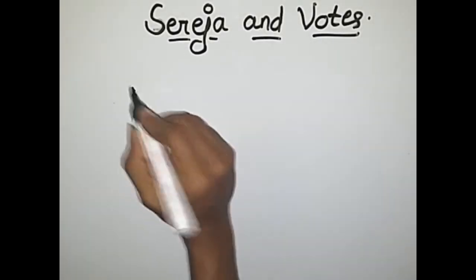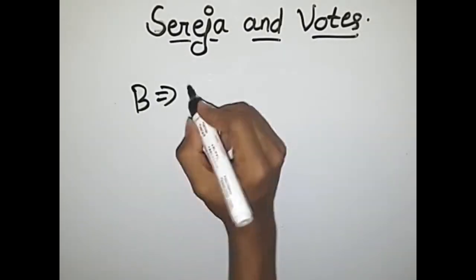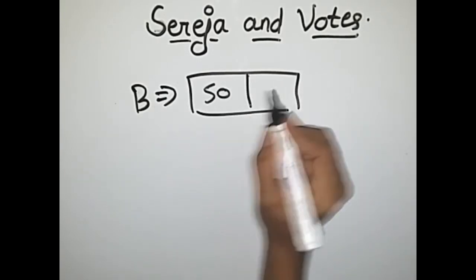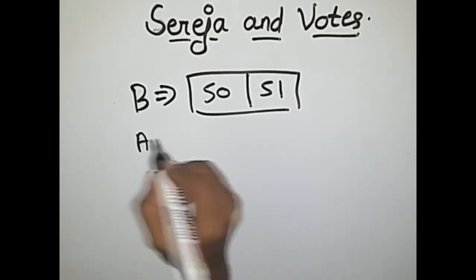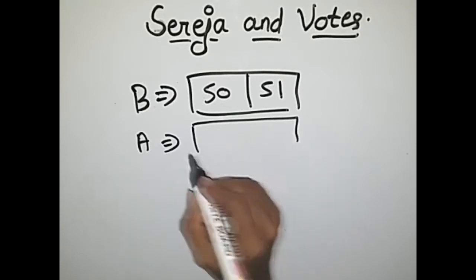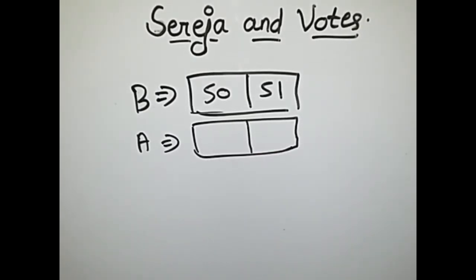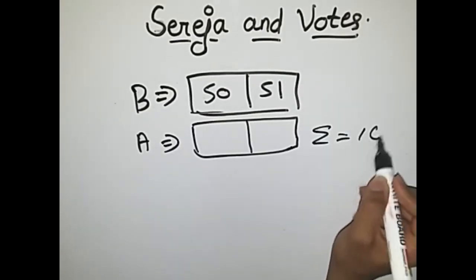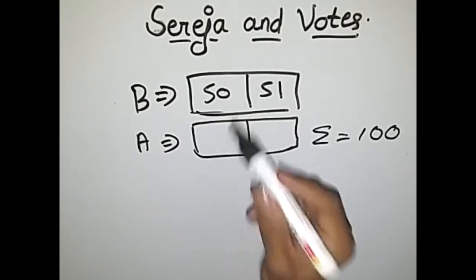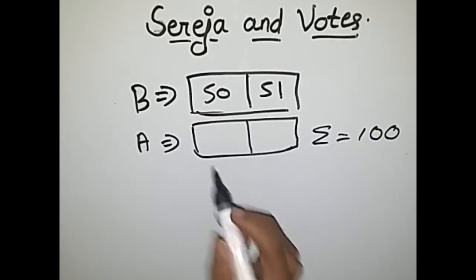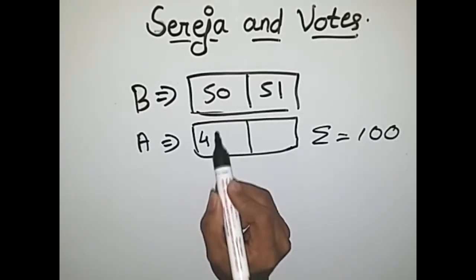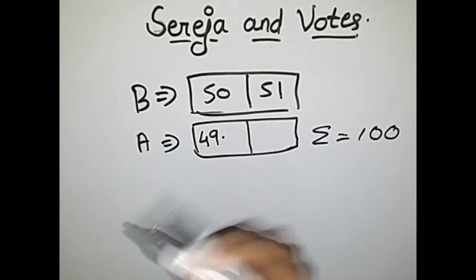Let's take an example from the sum itself. Now we have to find an array A whose sum is equal to 100, and after rounding off it will become array B. So we have to fill this array A so that its sum is equal to 100, and of course after rounding off it will become array B. Now this value can be 49 point something, or 50.